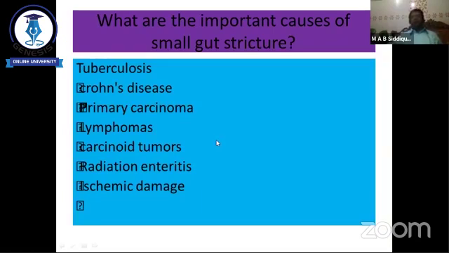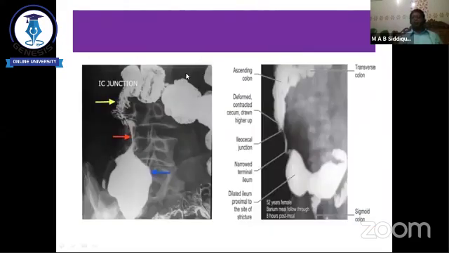So these are the most common causes of small intestinal narrowing, and tuberculosis is one of the most common diseases in our country. So these are the differential diagnoses of this X-ray.